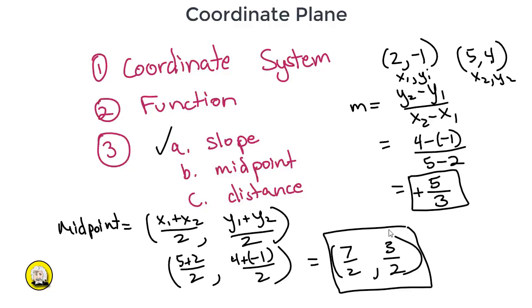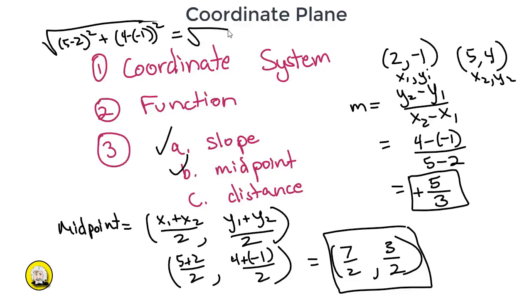And last, how about distance? Our distance between the points 2, -1 and 5, 4 can be calculated as the square root of the x difference squared plus the y difference squared. And in this case, that's 5 minus 2 for the x difference, which is 3 squared, and 4 minus -1, or 4 plus 1, equals 5 as a distance for the y change.